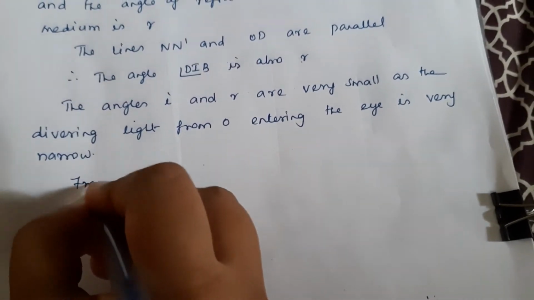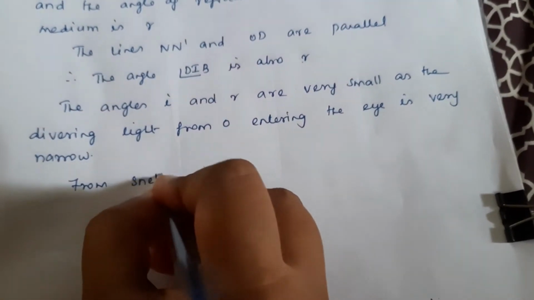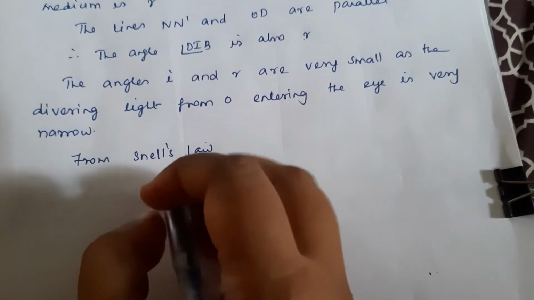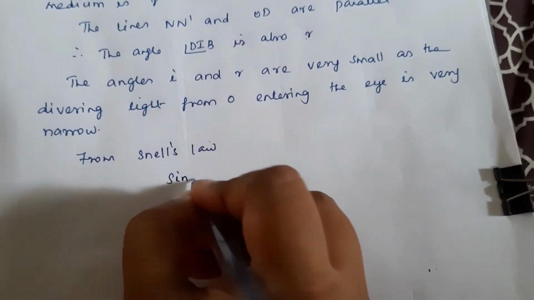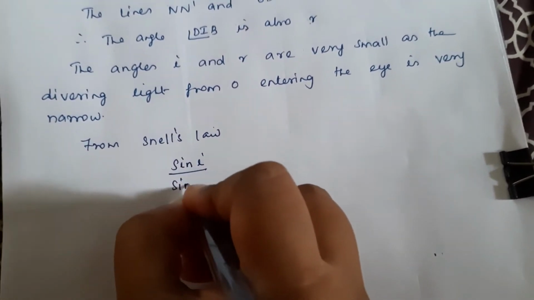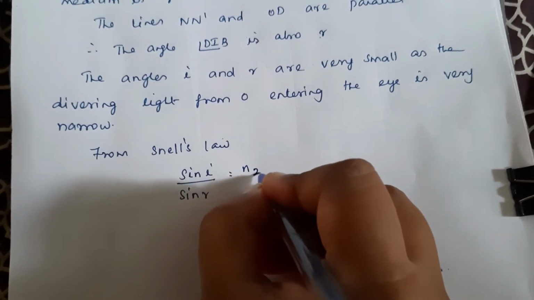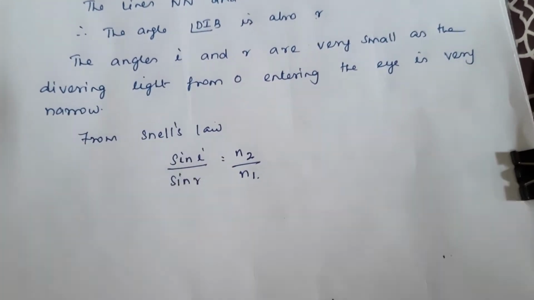Now from Snell's law, we can write sin I by sin R is equal to N2 by N1.